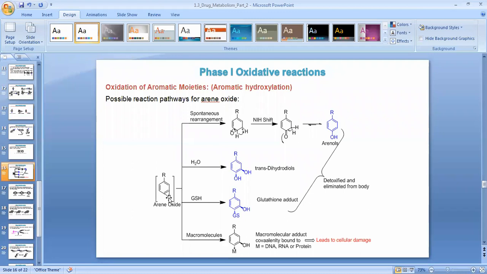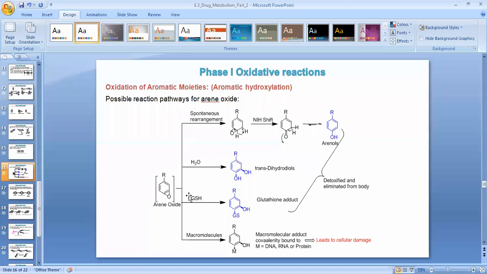So this arene oxide in the presence of water is hydroxylated and forms trans dihydrodiols, with substitution of the hydroxyl group at two different positions, because both carbon atoms are exposed to the hydroxylation procedure due to the presence of the arene oxide.